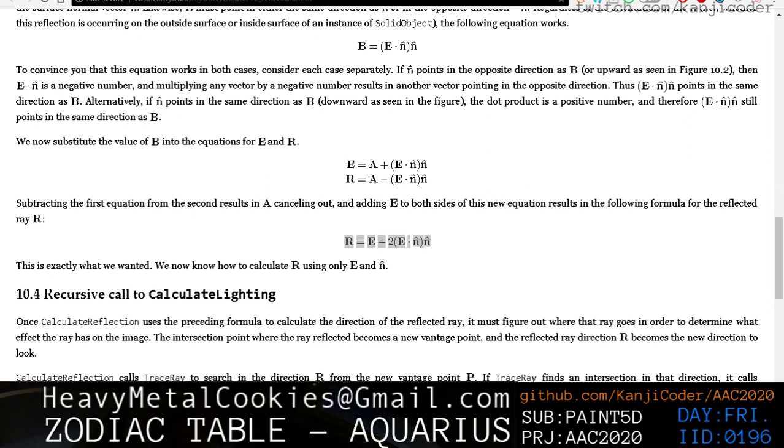Okay, and this part in here, this is a dot product.